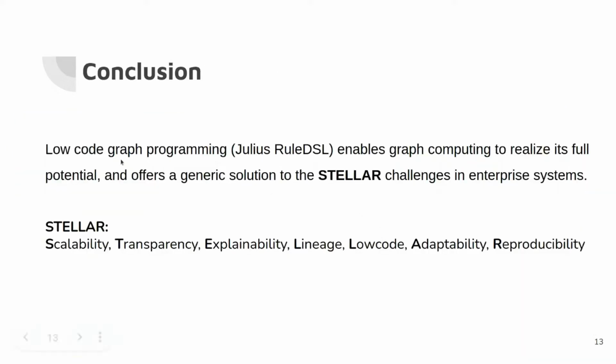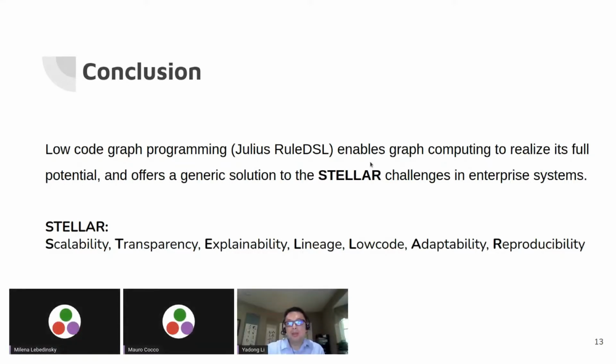I think this is a quick conclusion of this part of the presentation. Low-code graph programming, if you take away one point, is really a critical ingredient for graph computing to realize its full potential. By adding this low-code feature into graph programming, we offer a generic solution to the stellar challenge in building enterprise systems.